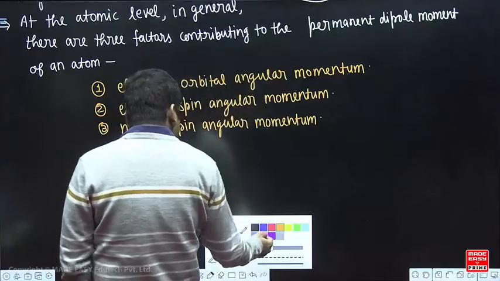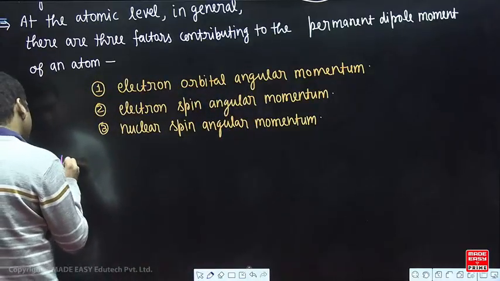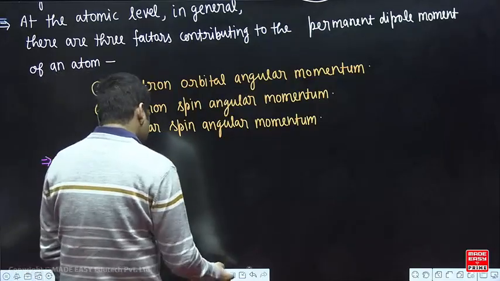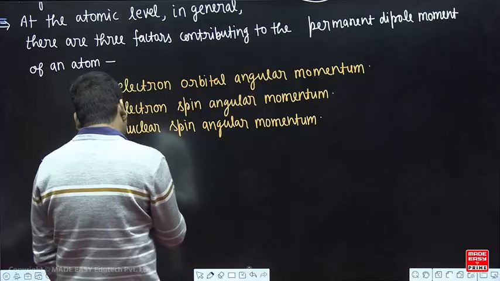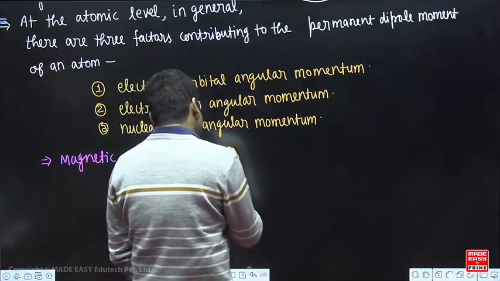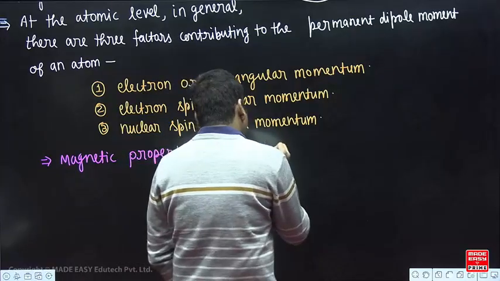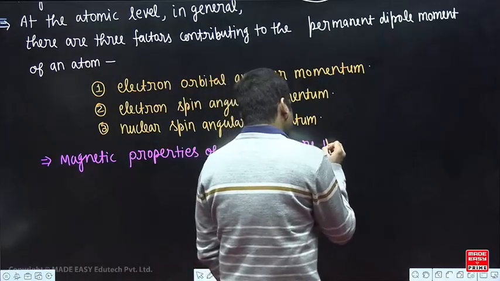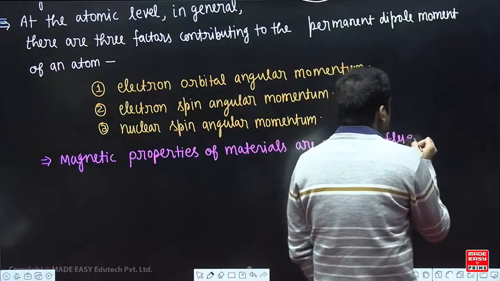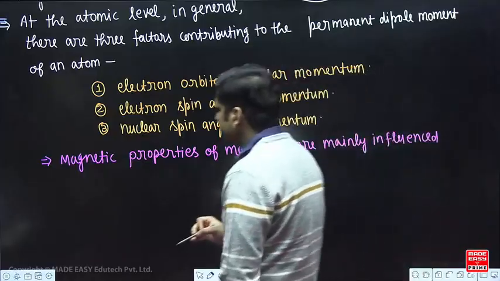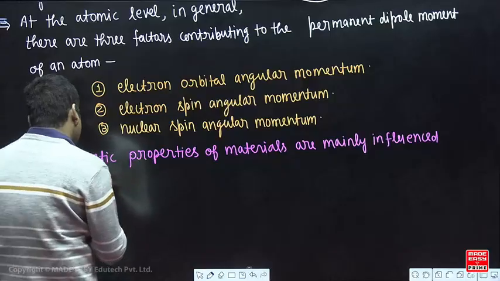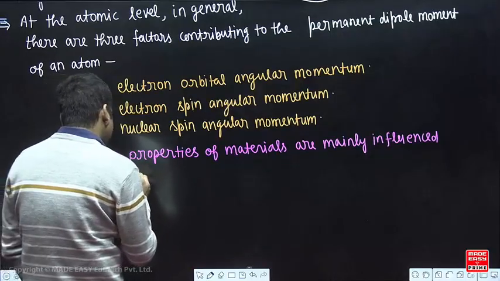Magnetic properties of materials are mainly influenced by electron spin angular momentum.